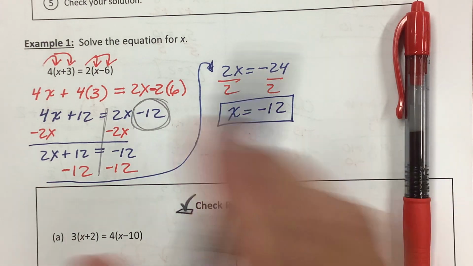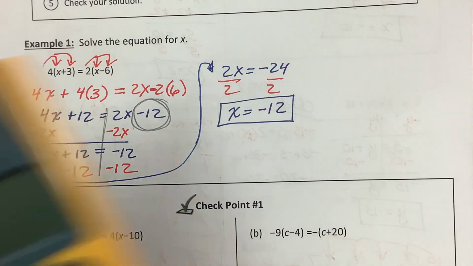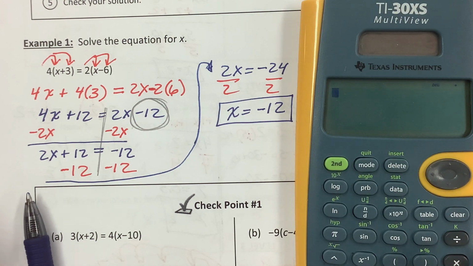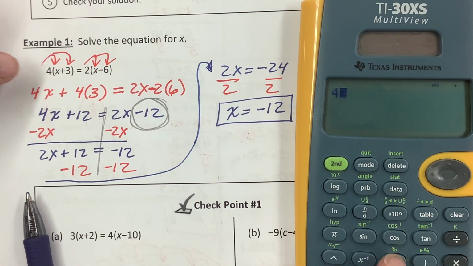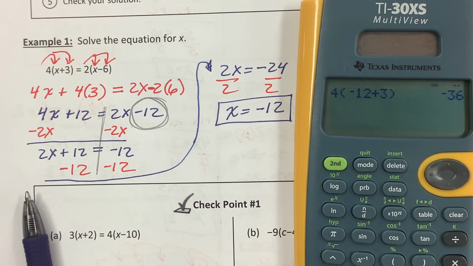And it doesn't say in the directions that I have to check this problem, but I'm going to. I'm just going to do it using my calculator. I don't have to do it, but I'm gonna, because I want to make sure I get it right. So, 4 parentheses. I'm going to substitute negative 12 for the x plus 3. Close the parentheses, and I get negative 36.